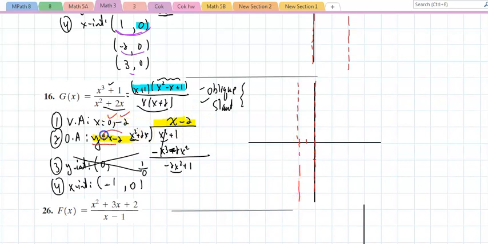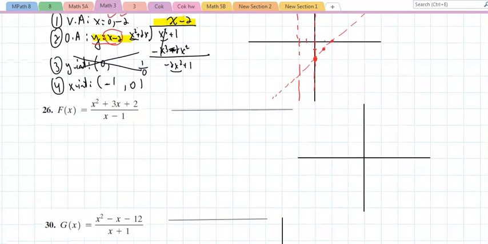And y equals x minus 2, negative 1, negative 2, rise 1, run 1, rise 1, run 1. There it is.